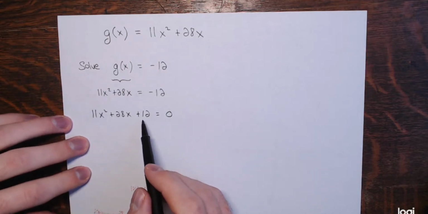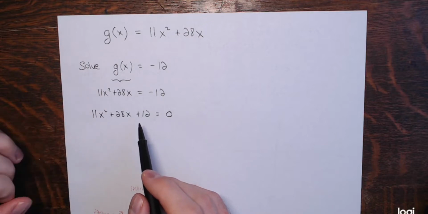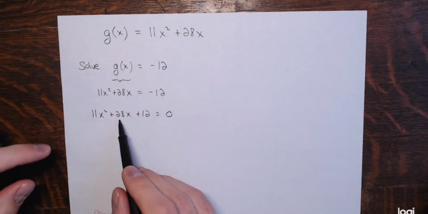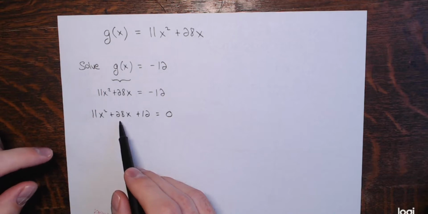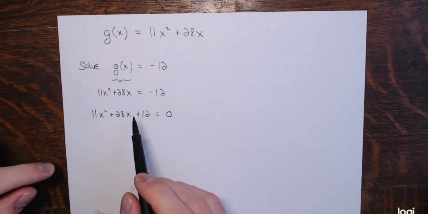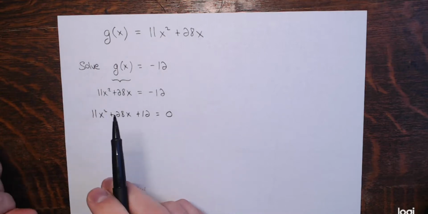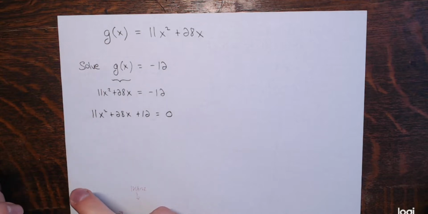I mean, unless you can think of factors of 132 that would add up to 28. There's 2 and 66. 3 and 40 something, right? 4 and 30 something. 5 doesn't go into it. 6 would. 6 and 22. 6 times 22 would be 132, and 6 plus 22 is 28.